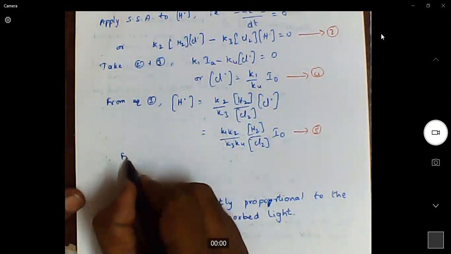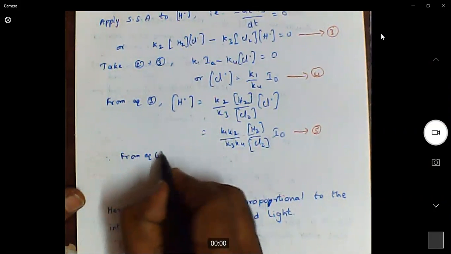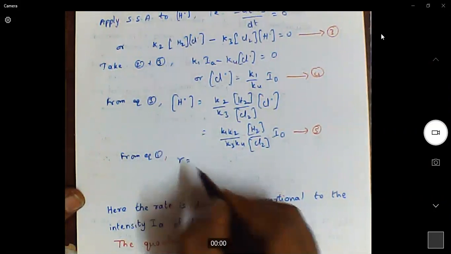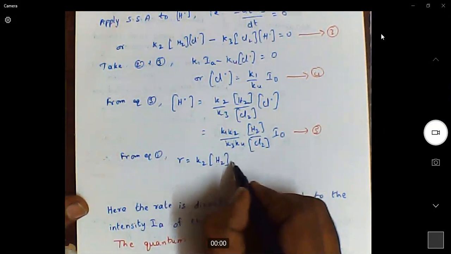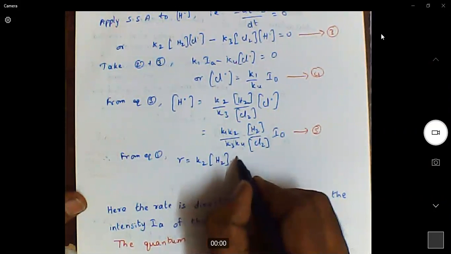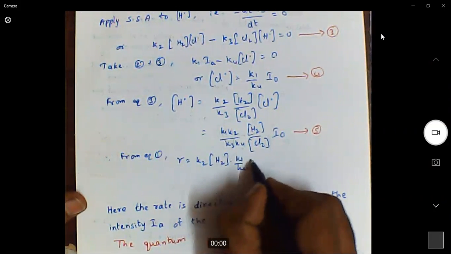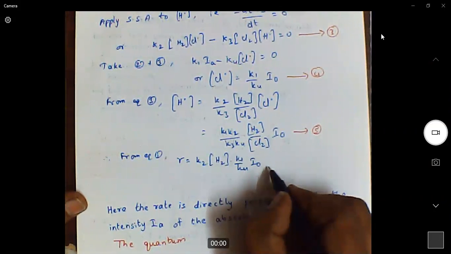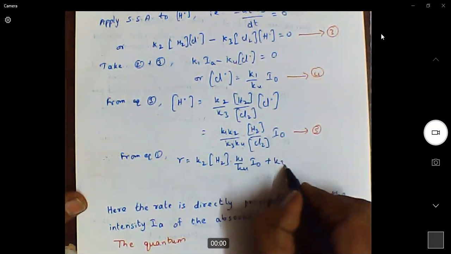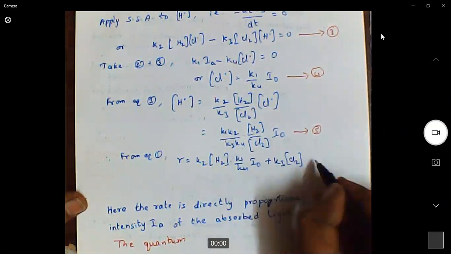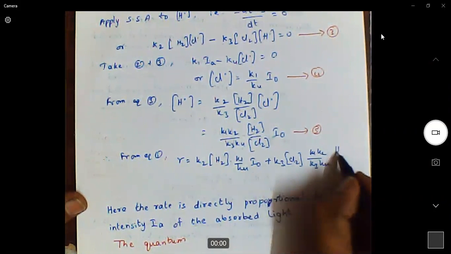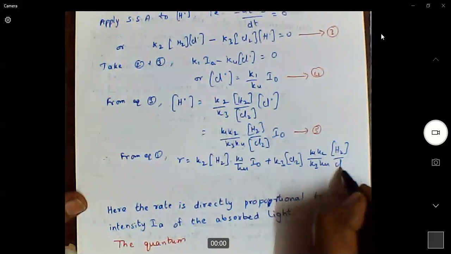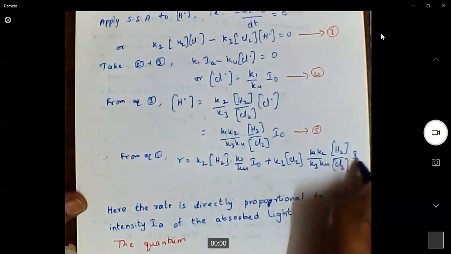Therefore, from equation 1, R is equal to K2 into H2 into Cl radical, K1 by K4 into I naught, plus K3 into Cl2 into H radical, K1 K2 by K3 K4 H2 by Cl2 into I naught.